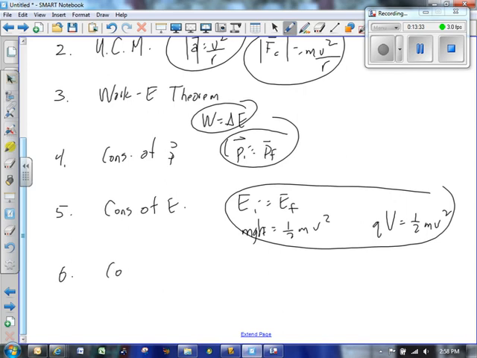Principle number 6, conservation of mass energy. Tell me, what equation would I have to use in order to say principle number 6 was one of the principles I used to solve the problem? One simple equation. E equals mc squared. If I use E equals mc squared, then I've used principle number 6.